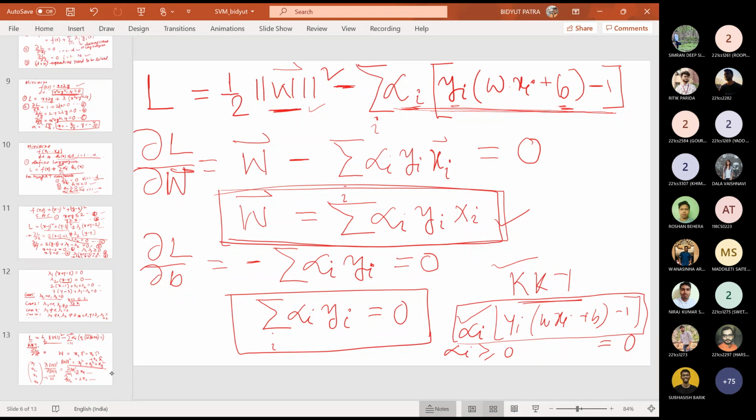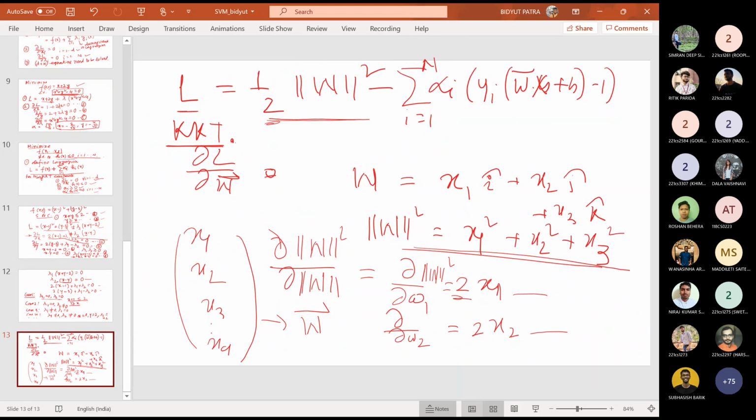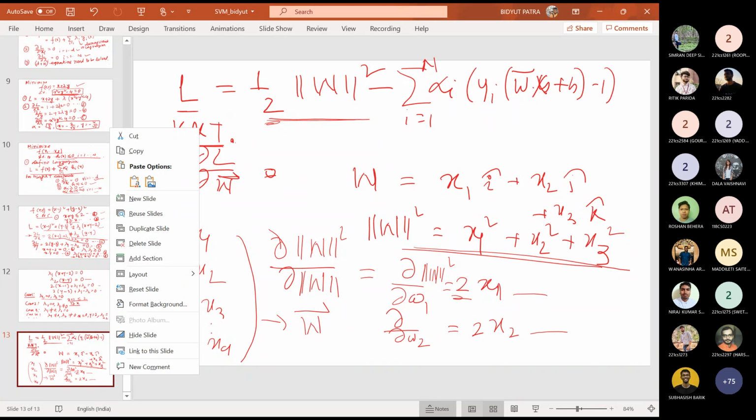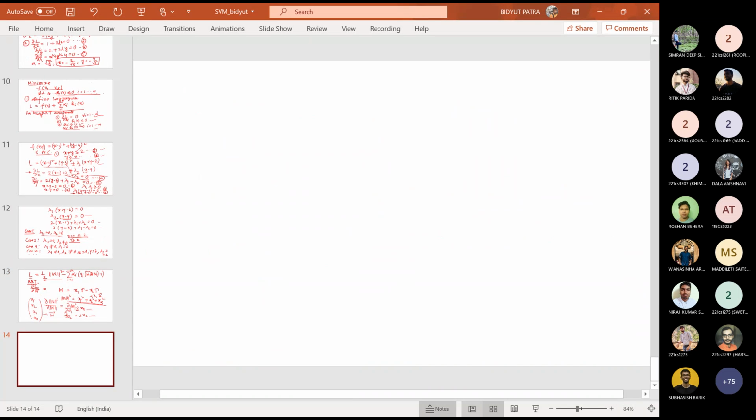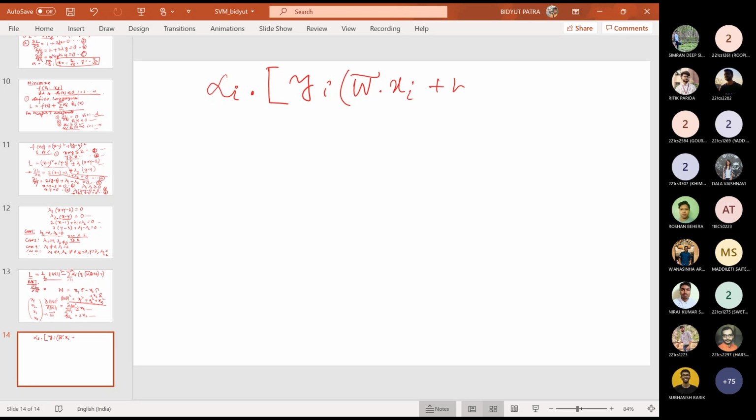So alpha i into yi (w into xi plus b) is equal to 0, and you have so many equations; the number of equations will be the number of samples. Okay, give me another 5 minutes.